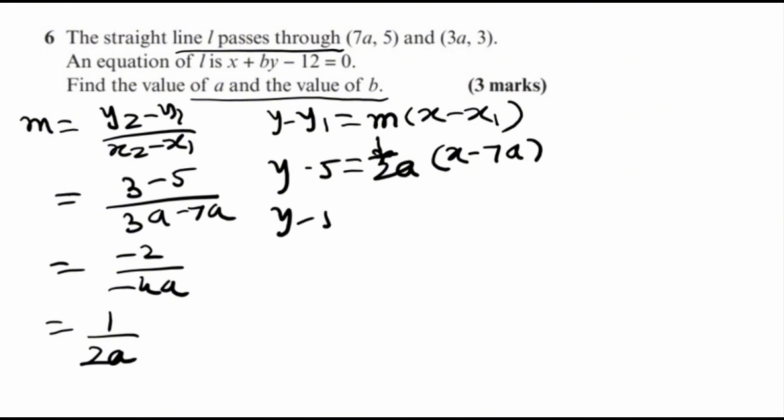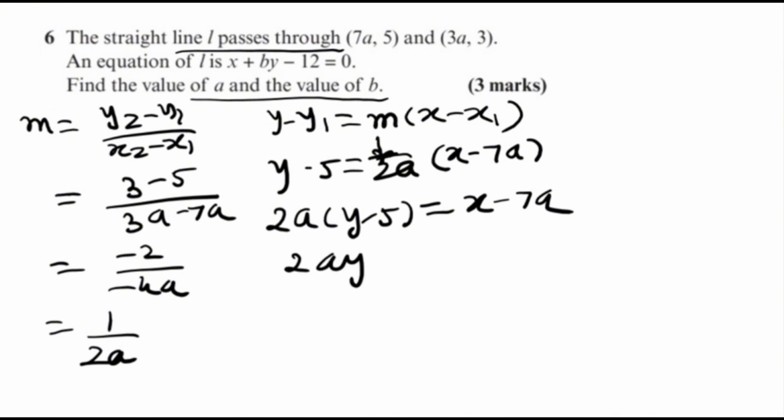So y minus 5 is equal to, okay, now in this case, because we need the equation in this form, I have to multiply this 2a to the other side of the equation. So 2a into y minus 5 is equal to x minus 7a. That makes our simplification easy. So 2ay minus 10a is equal to x minus 7a.